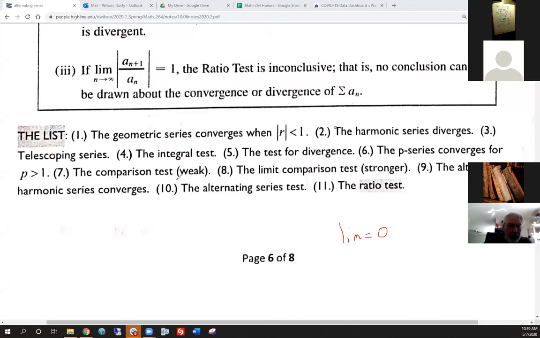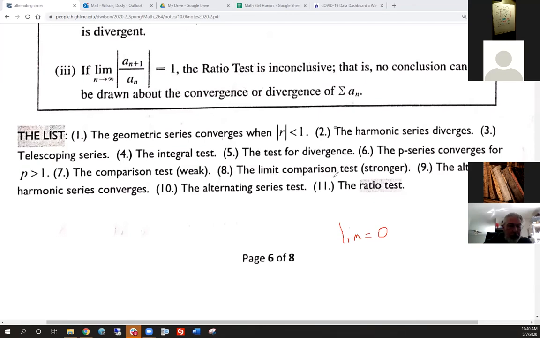No meaning in the P series. If it was in the comparison test, it could mean potentially that something converged. Limit comparison test, what does it mean? In general, it means you're inconclusive, you chose a bad comparison.